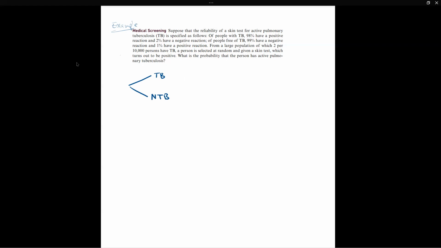Of people with TB, 98% have a positive reaction, and 2% have a negative reaction, all right? And of those without TB, there is a 99% negative, and of course the other ones are 1%.